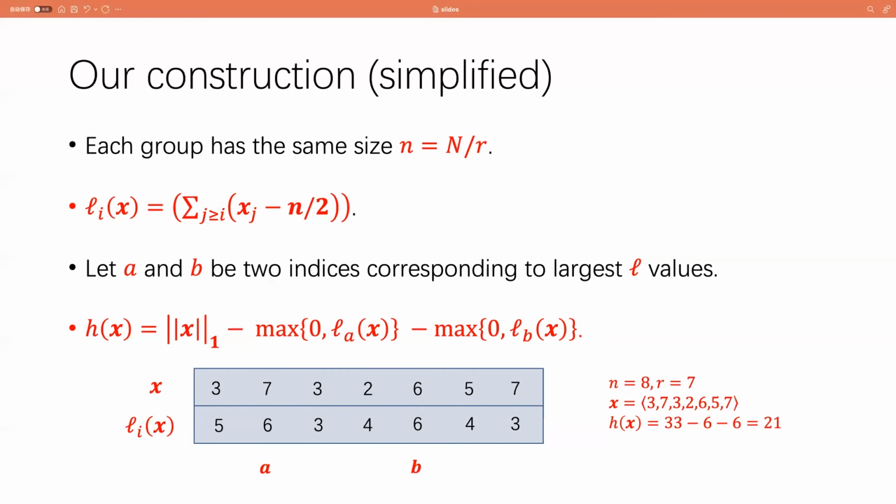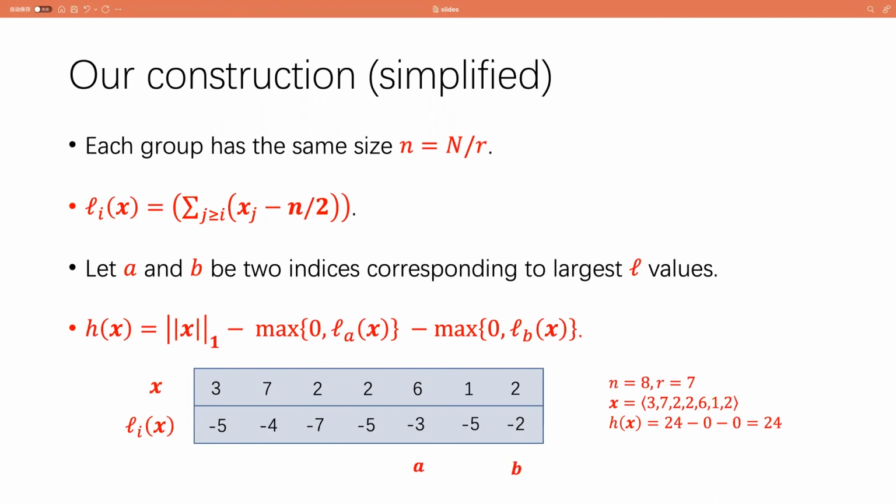And in the same way, we can calculate L_5(x) is 6, L_4(x) is 4, L_3(x) is 3, L_2(x) is 7, and L_1(x) is 5. By definition, A and B are 2 and 5, and both L_A(x) and L_B(x) are 6. So the value of h(x) is the norm of x, which is 33, minus 6 minus 6, which is 21.